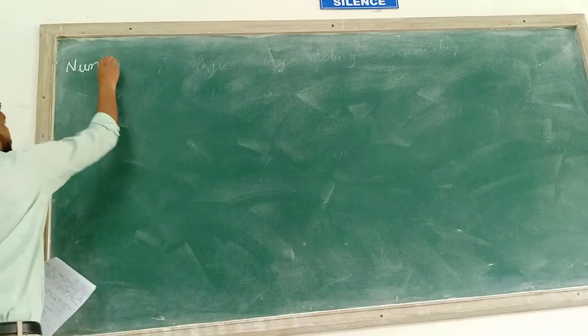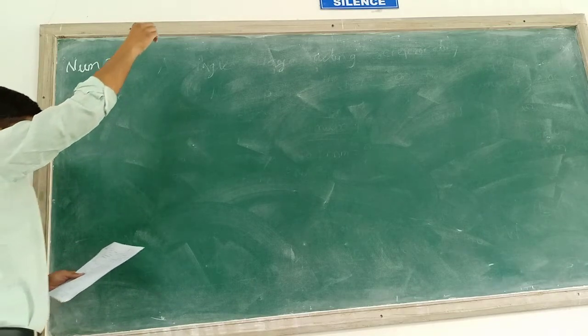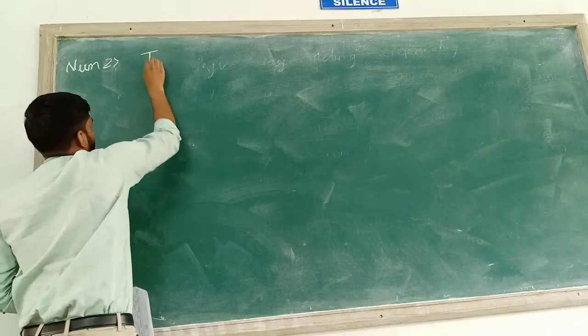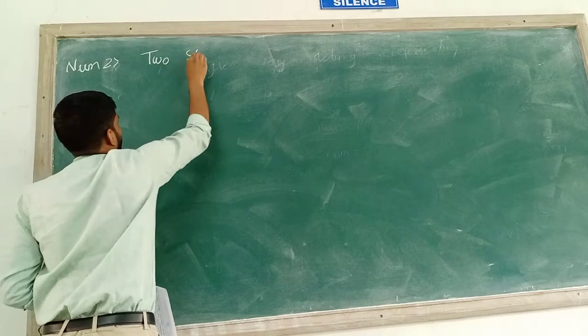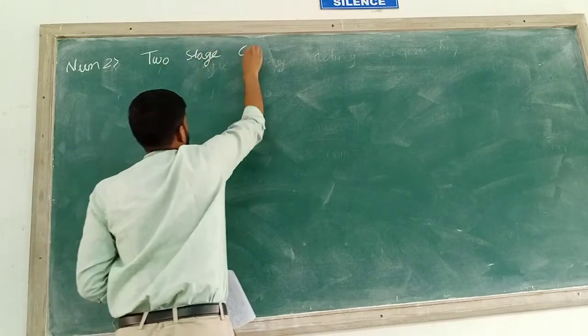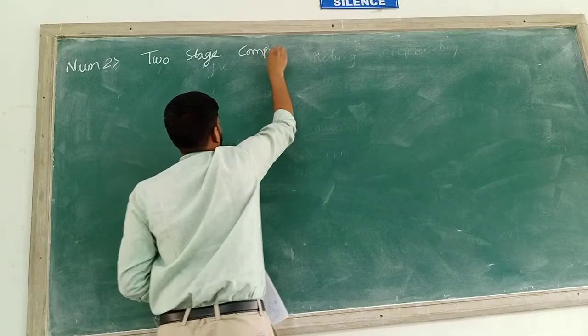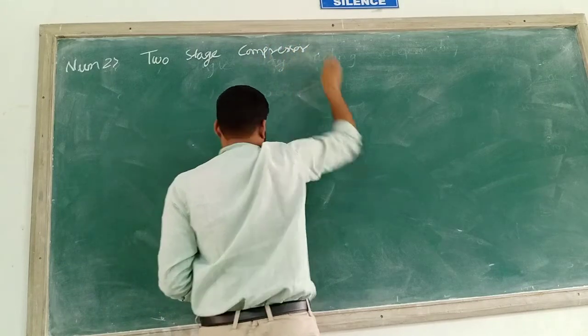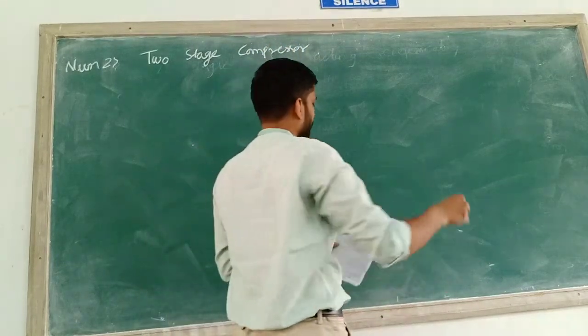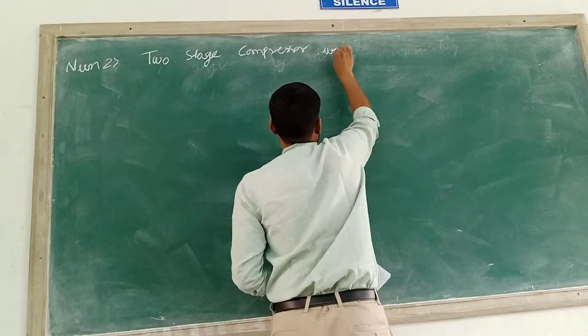Numerical number 2. A two-stage compressor works between 1 bar and 10 bar.